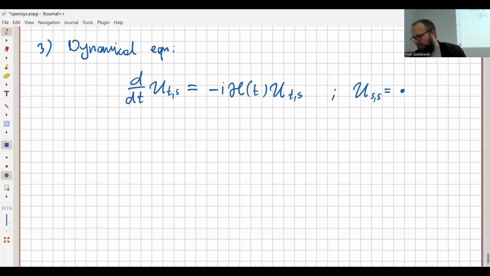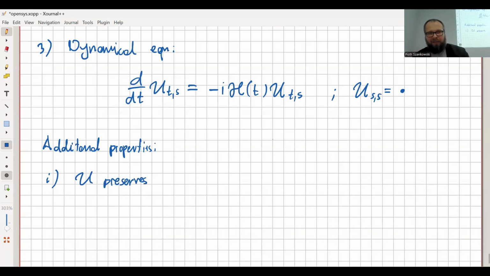Those additional properties are: U preserves the trace of the density matrix.